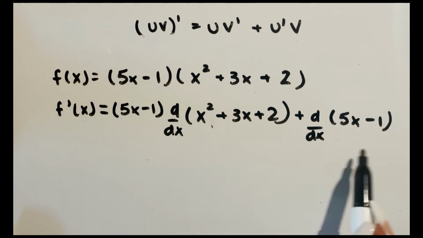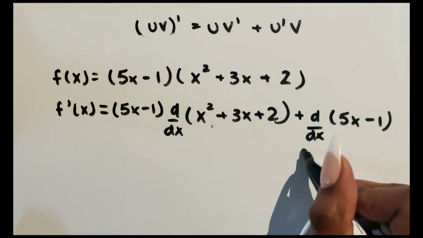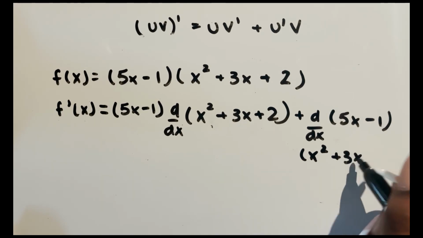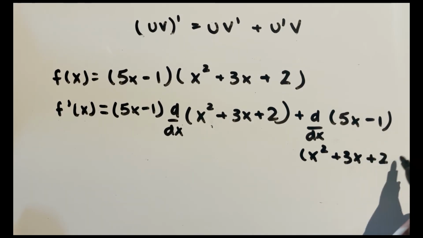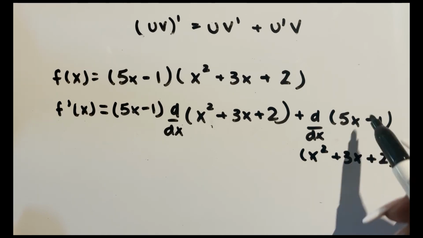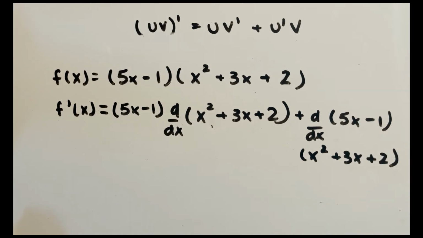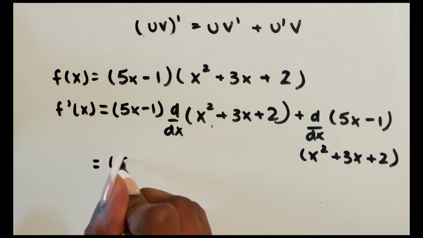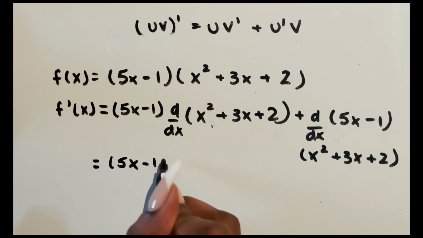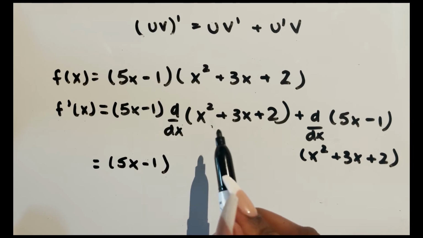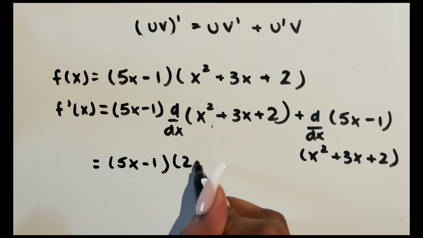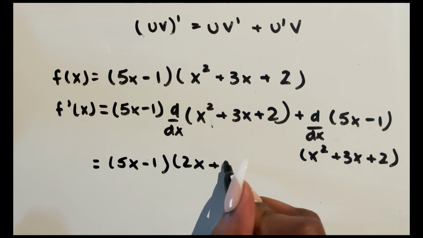And we're running out of space here, so we'll just write this down here. X squared plus 3x plus 2. And to be clear, these two terms are being multiplied. So solving this through, we'll get 5x minus 1 and the derivative of x squared plus 3x plus 2 will give us 2x plus 3.